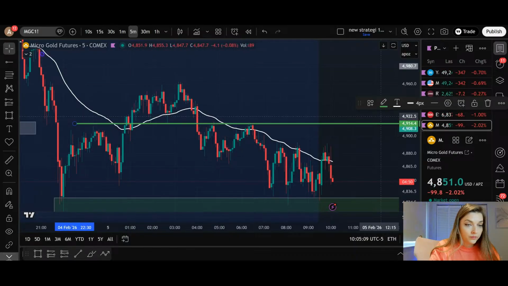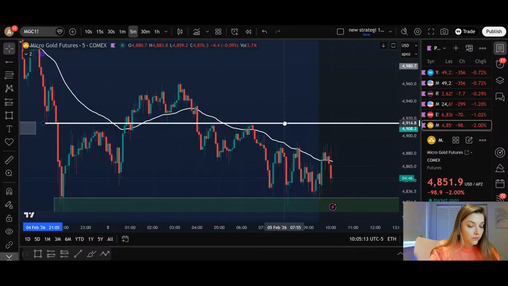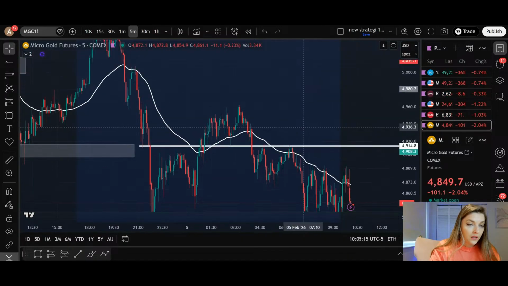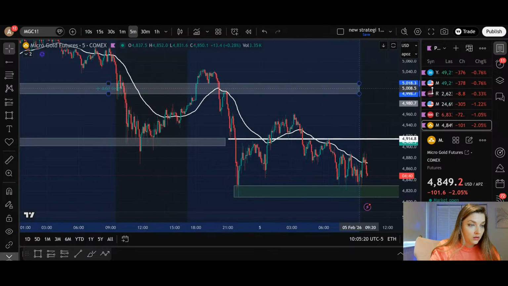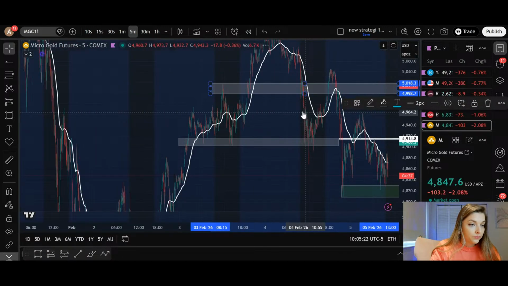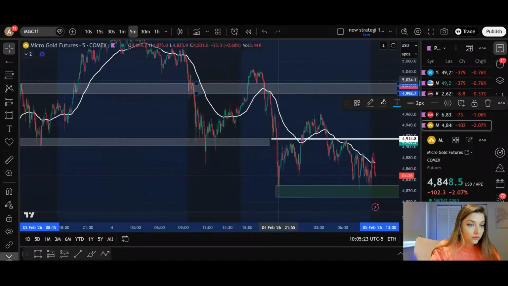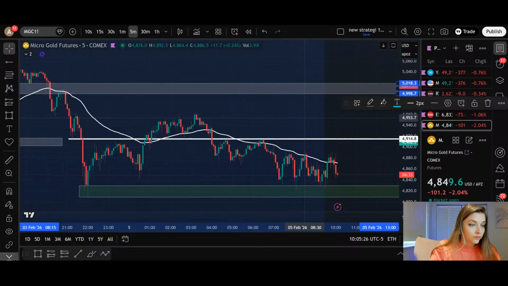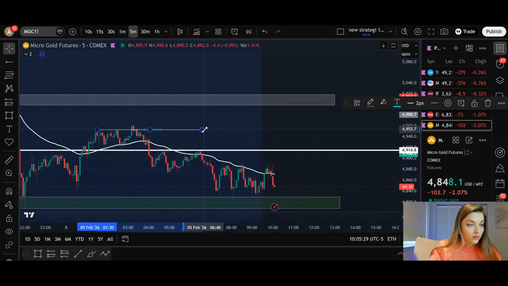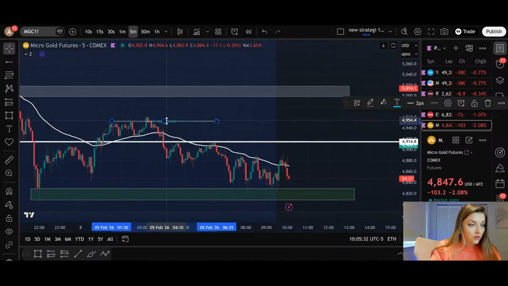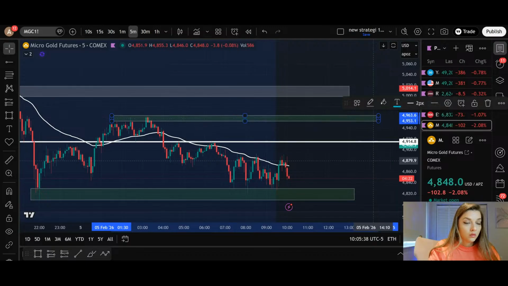Here we go. Put it with white. Yes, so the gold is consolidating.